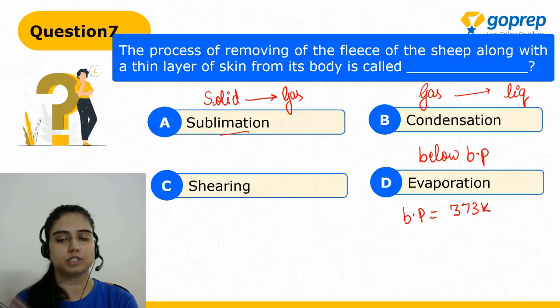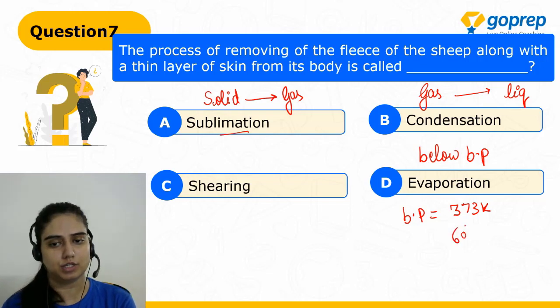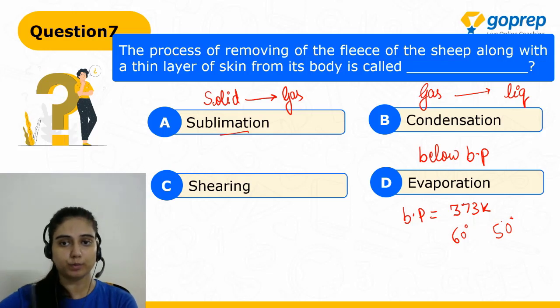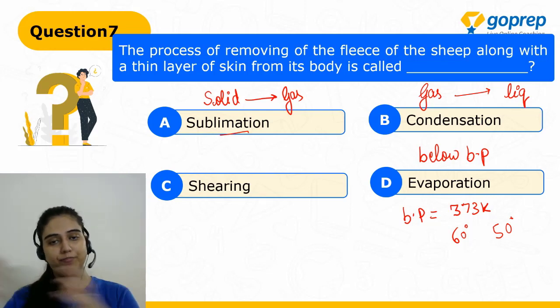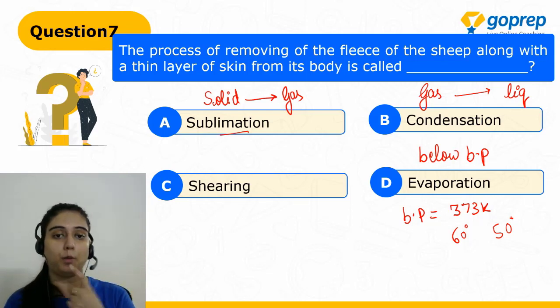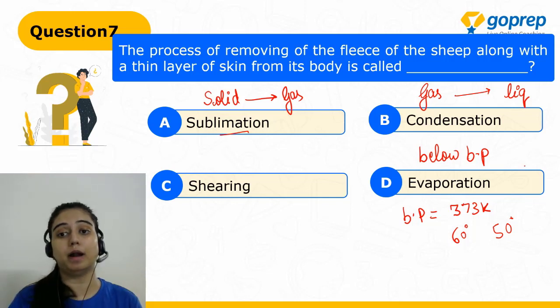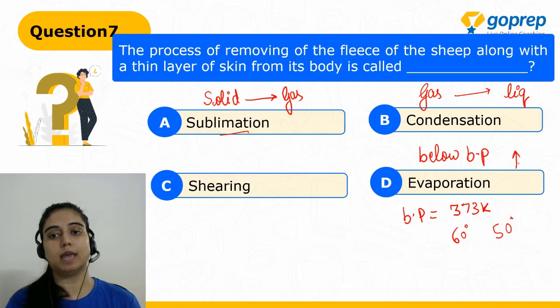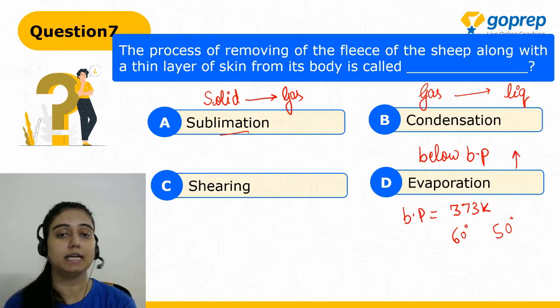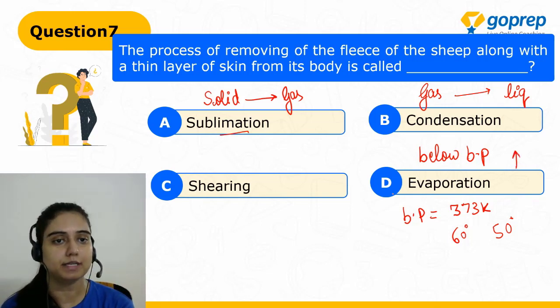What about at 60 degrees Celsius? What about 50 degrees Celsius? It gradually starts, right? From the room temperature or from the temperature of water, it gradually starts rising. So before it reaches the boiling point, when the liquid particle attains enough kinetic energy to escape into the gaseous state, that process is called evaporation.